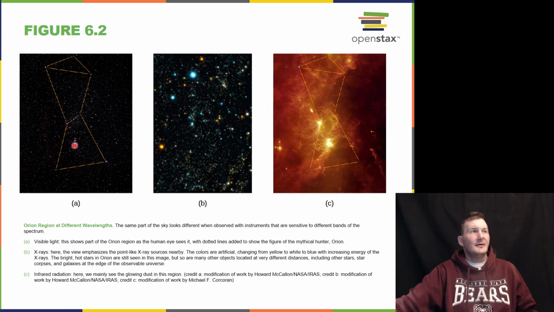And right there I have studied some eclipsing binary stars called BM Orionis as part of my undergraduate career. And so in this description here we see both the visible spectrum, we see X-rays, and we see infrared.